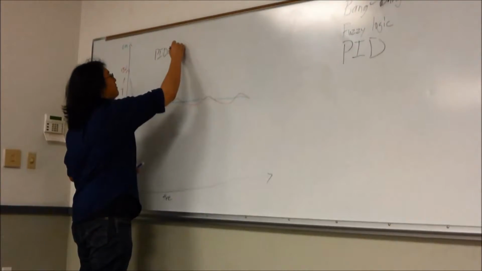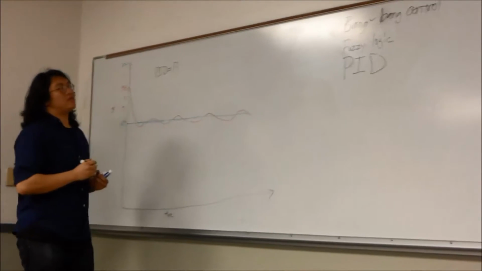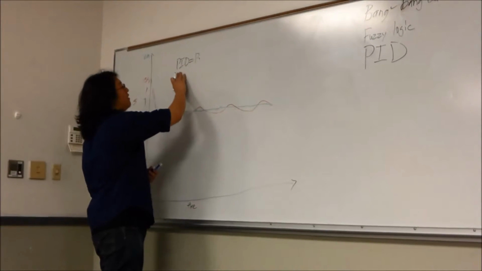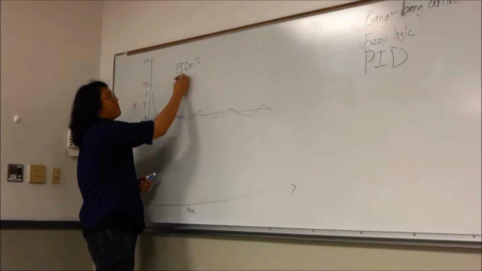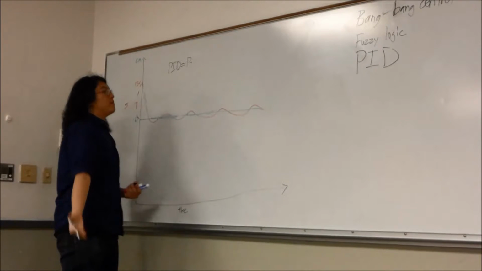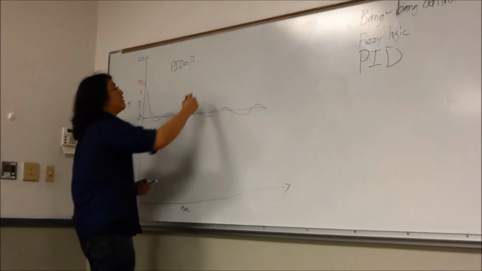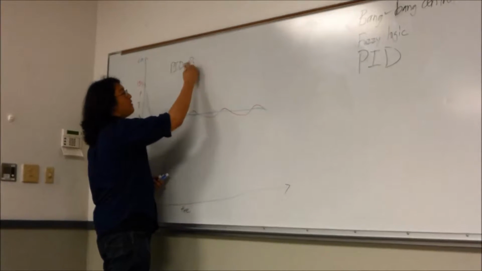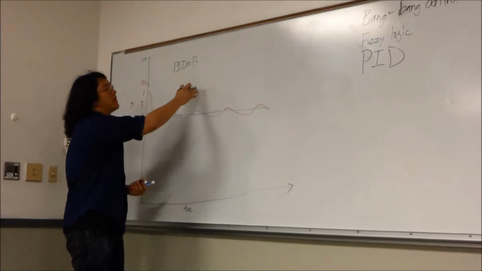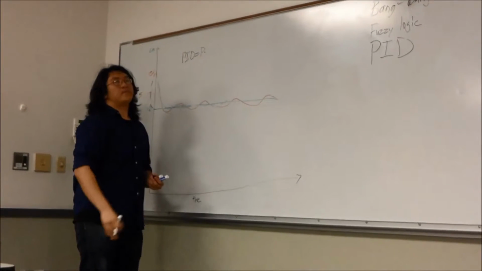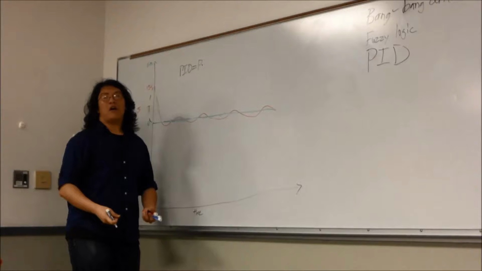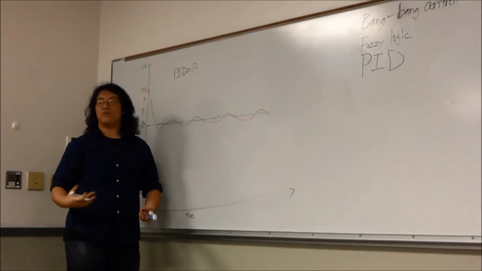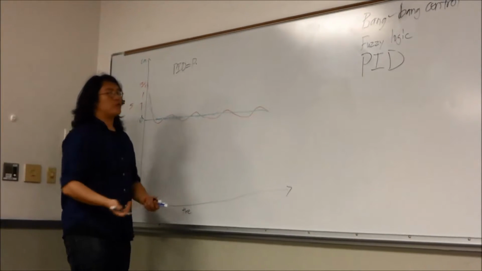So we often use the term: the output of my PID controller, which I'm probably going to output to my motors in this situation, is going to be my P gain. We use this term gain commonly. It's just often a tuned constant that you put in front of your controller.